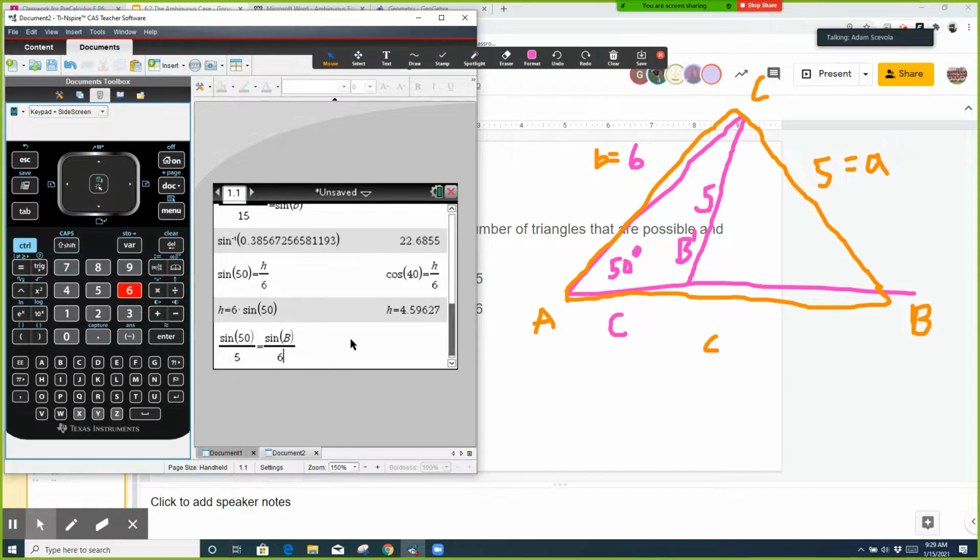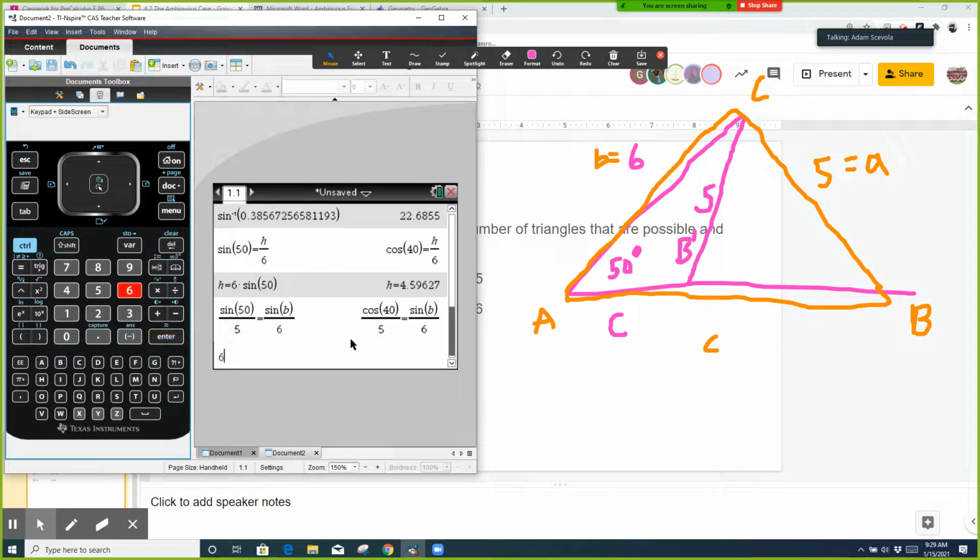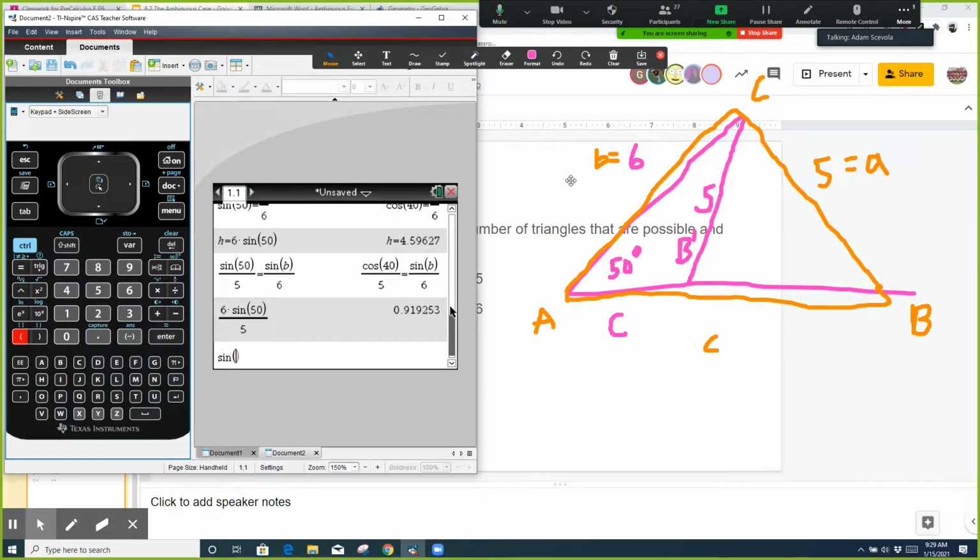So we're going to cross multiply, and we get 6 times the sine of 50 equals 5 times the sine of B. Then divide both sides by 5, and we end up getting that the sine of B is equal to that.